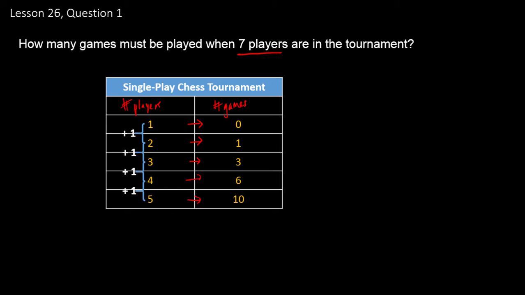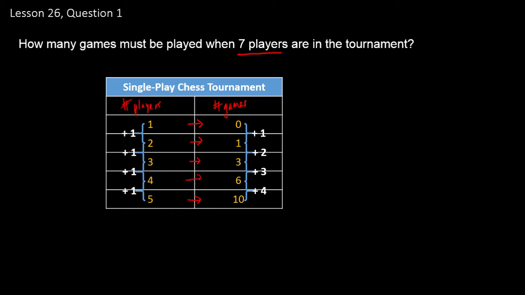What about if I look at the games column? The difference between 0 and 1 is 1. The difference between 1 and 3 is 2. The difference between 3 and 6 is 3. 6 and 10 is a difference of 4, right? So we can see that on the left-hand side, for every new entry, the number of players grows by 1.